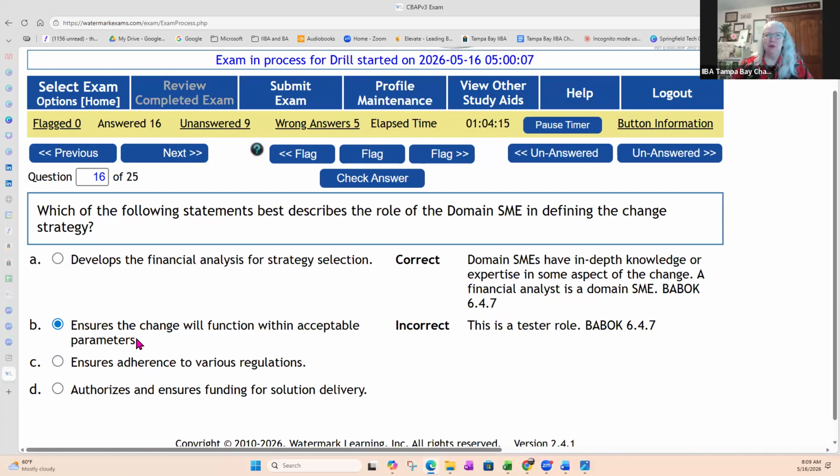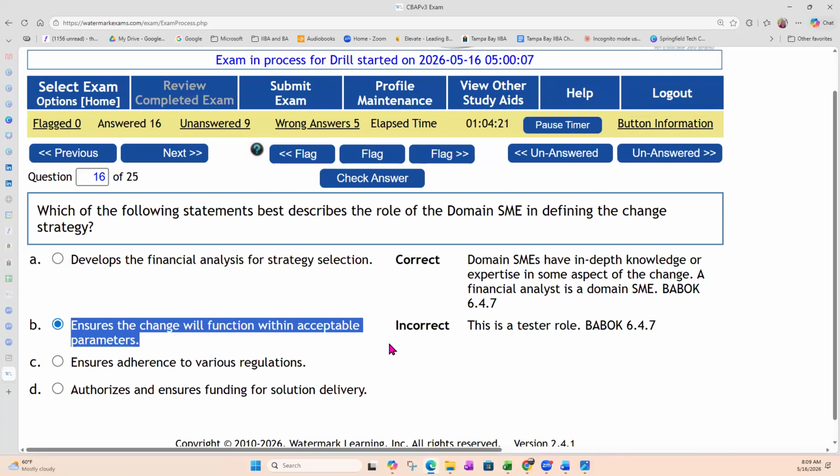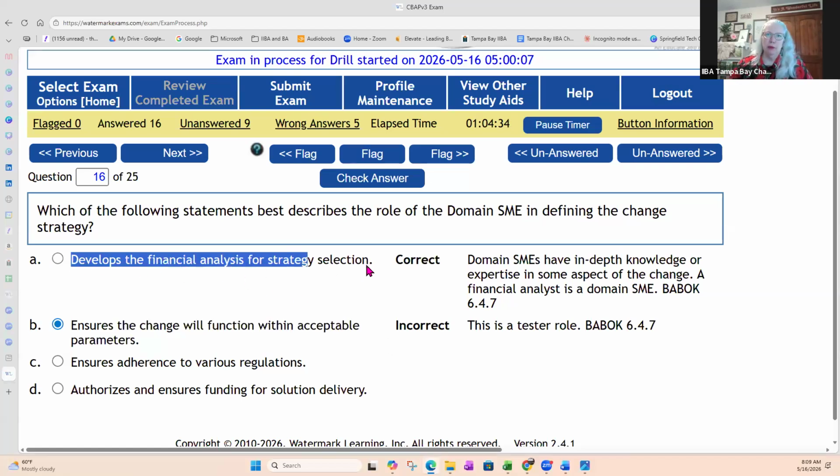Okay, so this one is a tester role. It's like, as we are working through the development, the tester is saying, I'm testing it to be sure it functions within acceptable parameters. This one is a tricky question because we start talking about financial analysis and it's like, wait a minute, the domain SME doesn't do that. But remember, a domain SME can be a SME in any area.